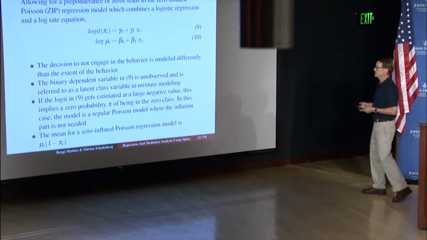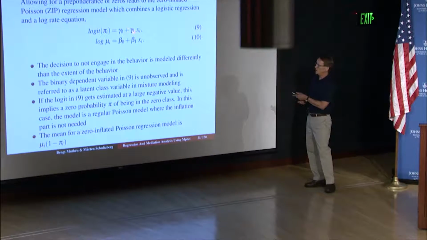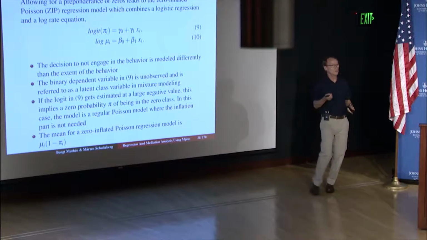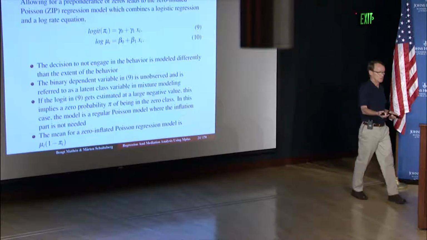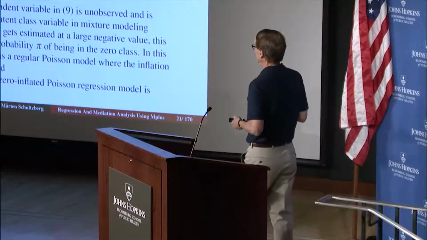And the interesting thing is that you don't have to have the same slope. Gamma 1 is not necessarily the same as beta 1. So a certain X variable can have a different influence on the probability of being a non-drinker compared to how much they drink if they are a drinker.